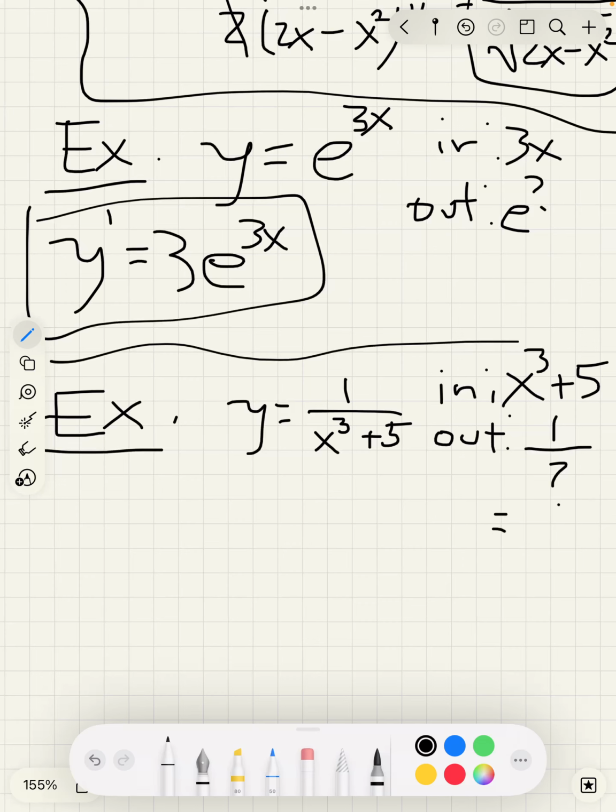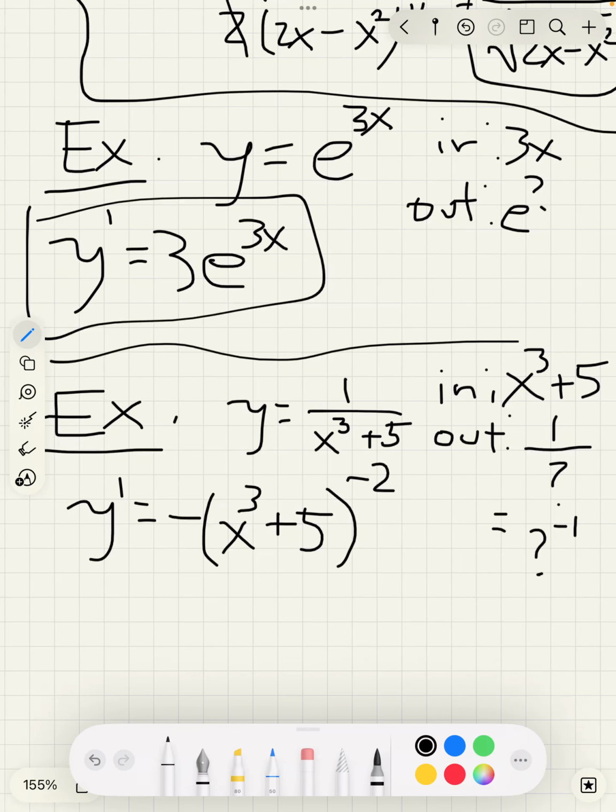And remember, you can write 1 over stuff as stuff raised to the minus 1. All right, so when I go to take my derivative, y prime, I can use the power rule on my outside function. So we bring down the minus 1. We have stuff, the stuff being the inside function. And we're going to take 1 away from the power, minus 2.